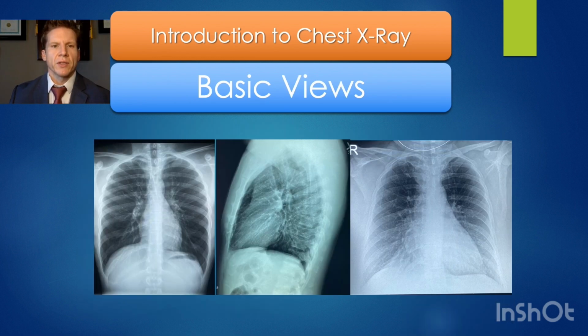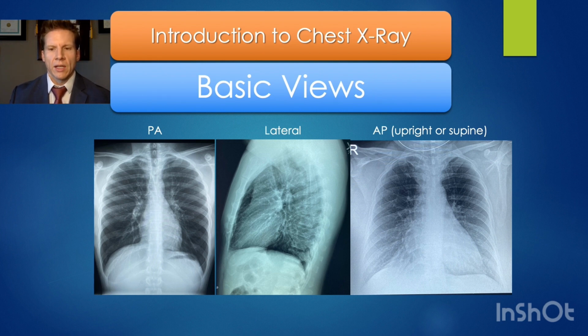The most common views that you're going to order are the PA and lateral chest x-ray. If the patient is ambulatory, in either the outpatient or the emergency department setting, these are the best views to give you the highest quality chest x-ray to identify the most pathology. The other most common view that you're going to see is the AP view, which can be performed either upright or supine depending on the patient's clinical status.